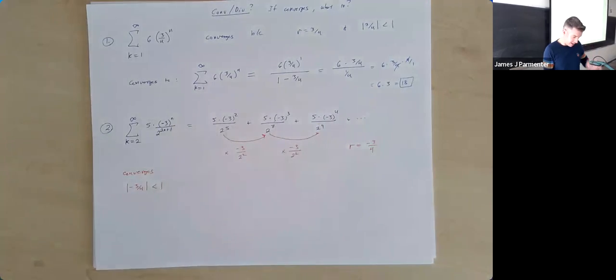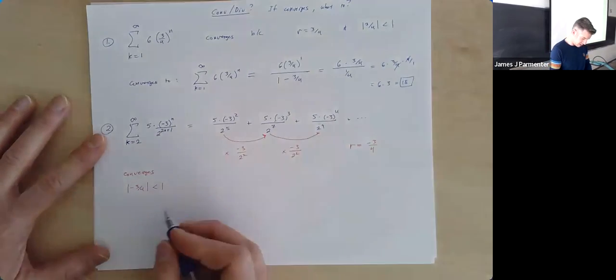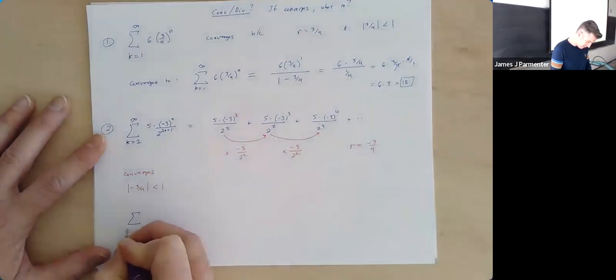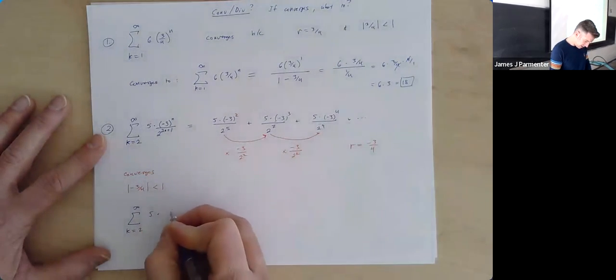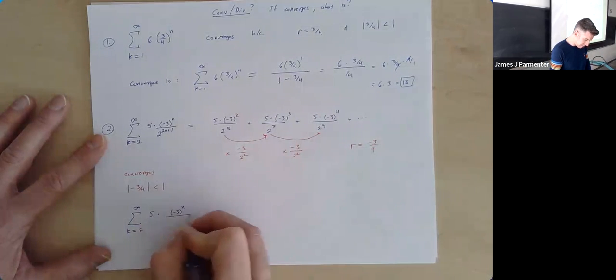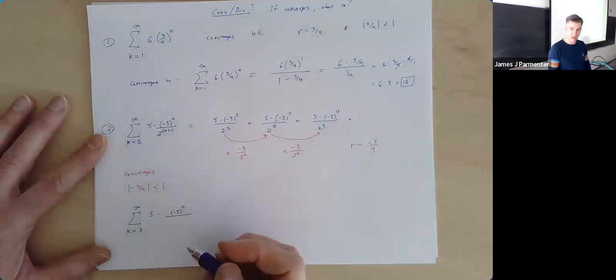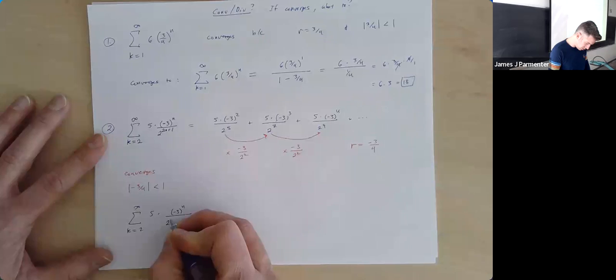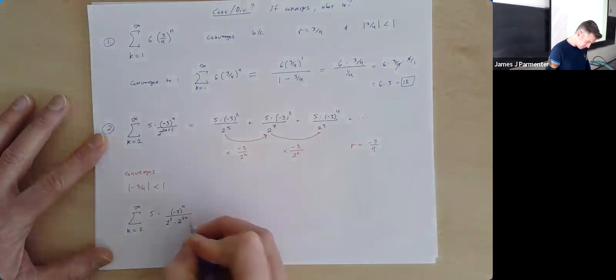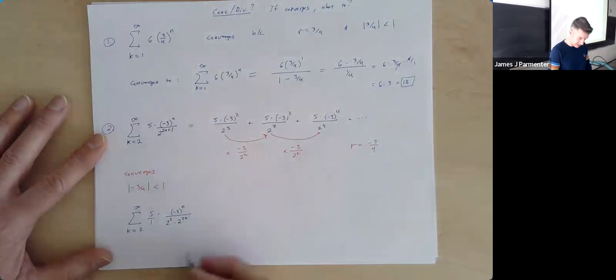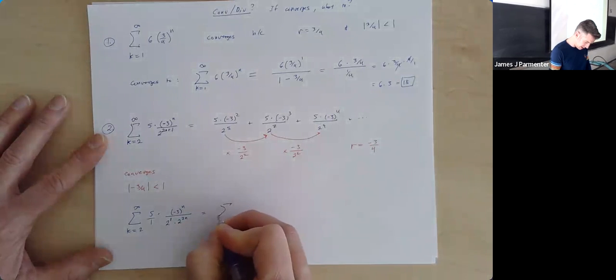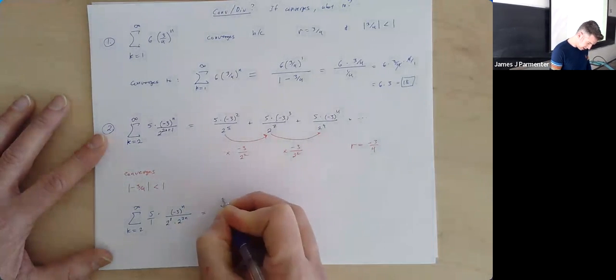But if you don't like that, another way to do this is to rewrite your expression, simplifying a little bit. So I've got 5 times negative 3 to the n on top, and then on the bottom, I'm going to break apart the 2 to the 2n plus 1 as 2 to the 1 times 2 to the 2n. I'm going to think of this as 5 over 1 just to make life a little easier. And then I'm going to rewrite the summation as the sum from k equals 2 to infinity.